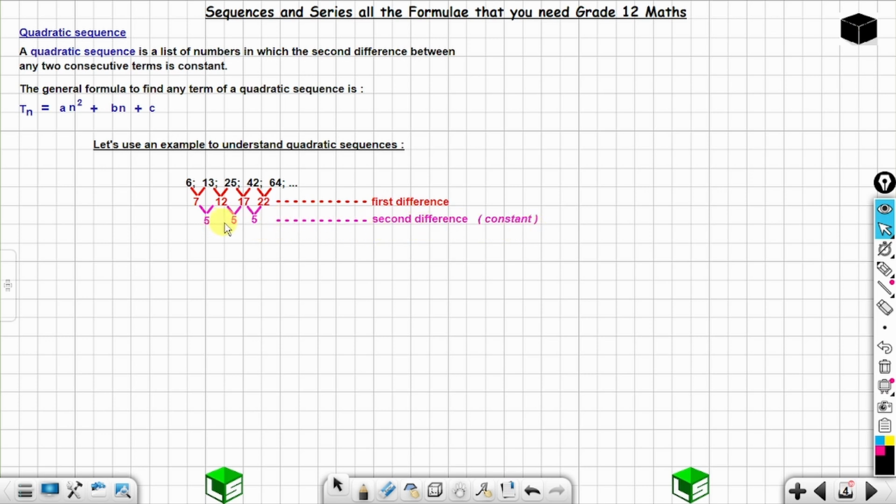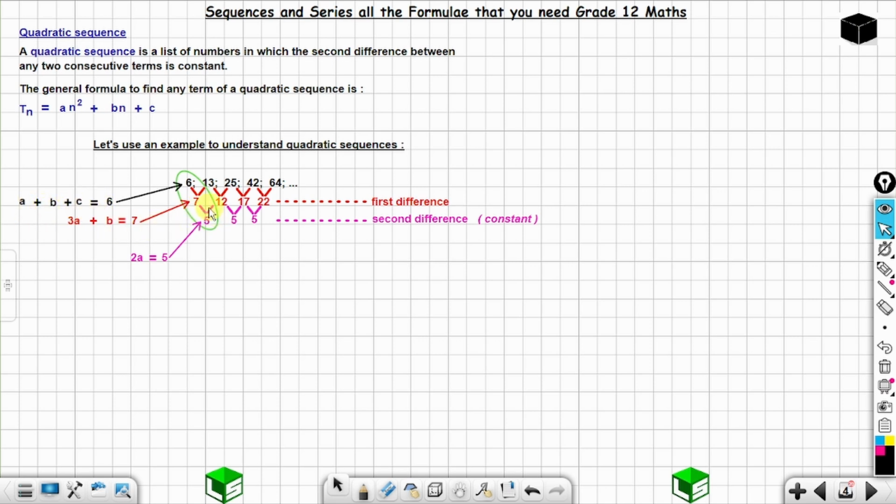Now, always remember, use these numbers. This will always be equal to 2a. Whatever you have there will always be equal to 2a. Now from this, you can solve for a. And this number will always be equal to 3a plus b. And this number, whatever you have there, will always be equal to a plus b plus c.